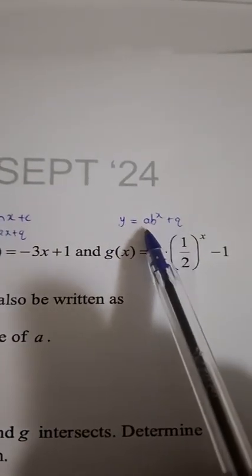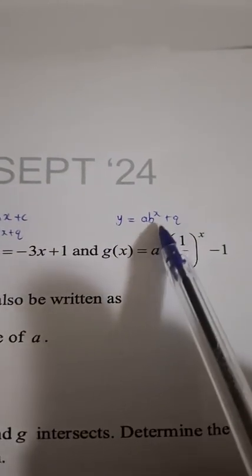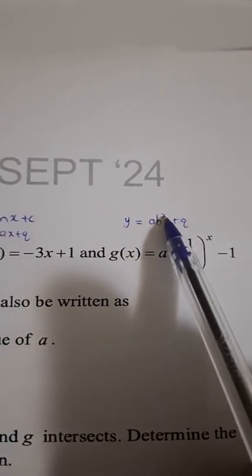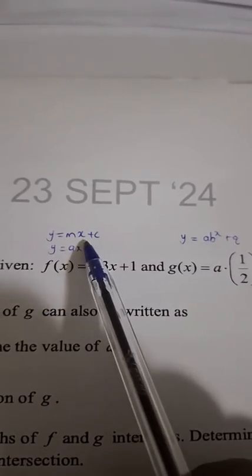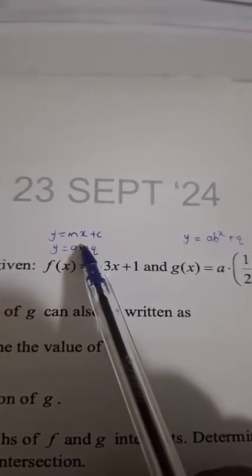The form that we know for the exponential function is a times b to the power x plus q. Remember that in the form of an exponential function, the exponent variable is x. So I hope you can distinguish. In the straight line function, ax plus q, the variable x has an exponent of 1 that we cannot see.